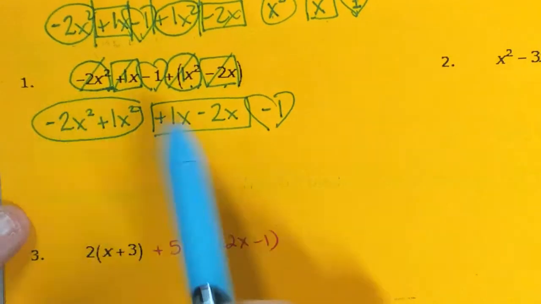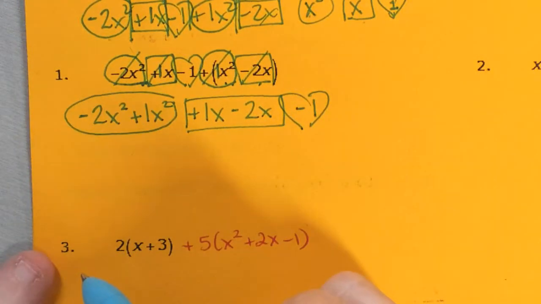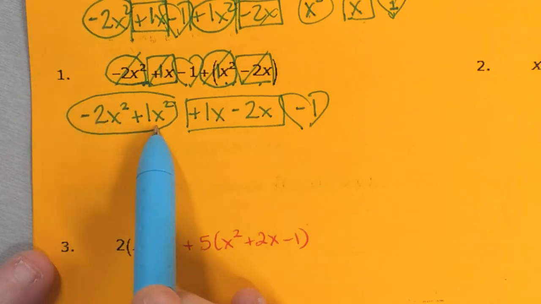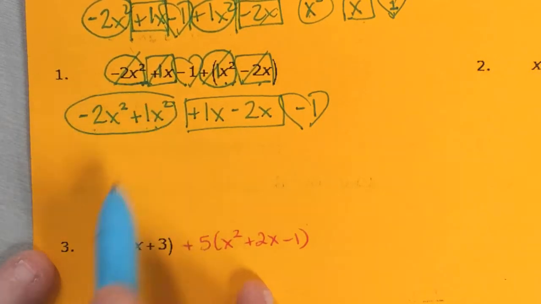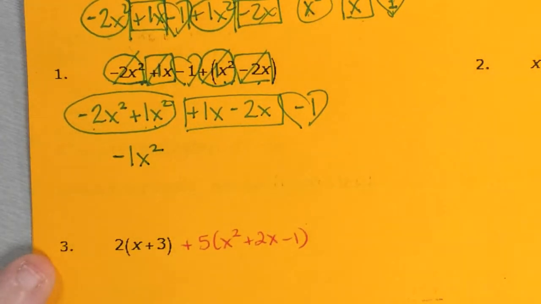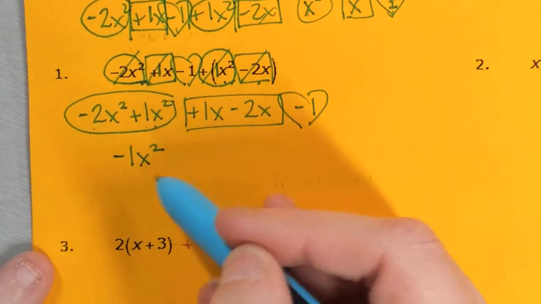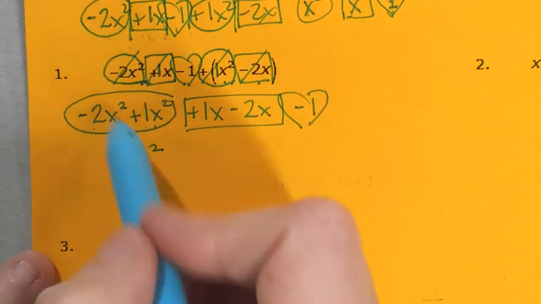Okay, so now that I've rearranged them so that my like terms are together, now I'm going to actually combine them. And when I combine the like terms, all I'm doing is combining the coefficients. So I have negative 2 and positive 1. I owe $2, I have $1, that means I owe 1 x squared. Okay, so I combine the coefficients, but then the variable combination that's after them stays the same. So this is my quadratic term.